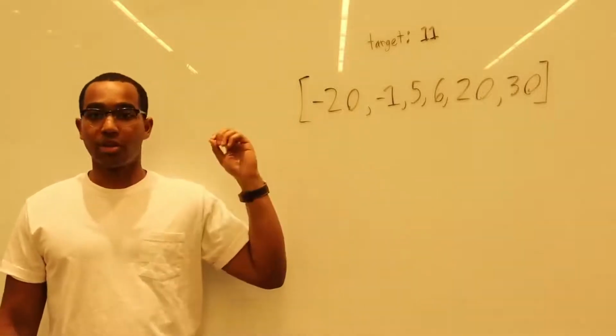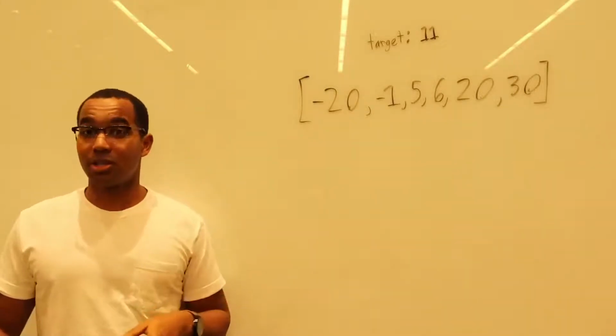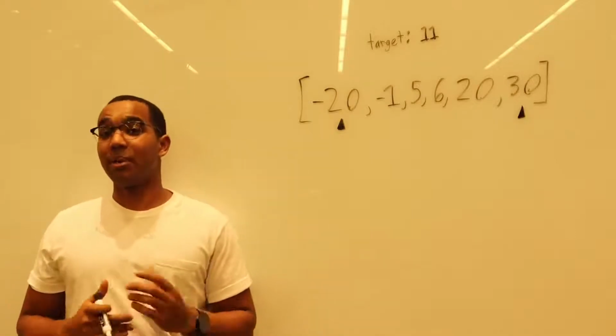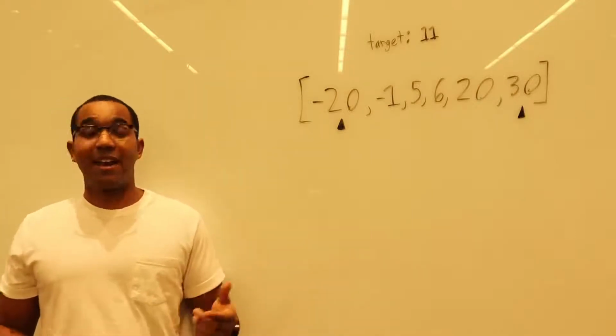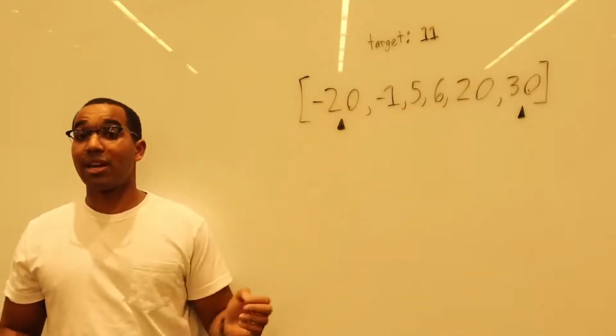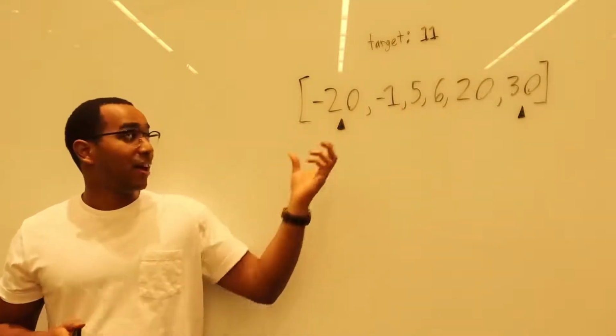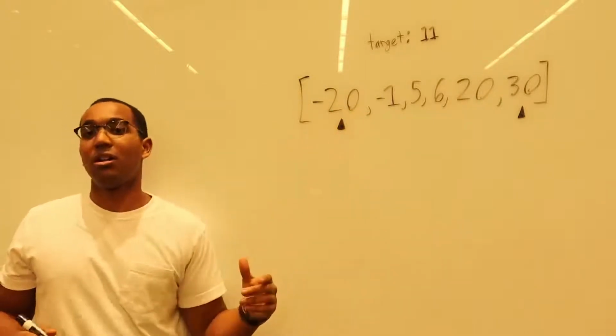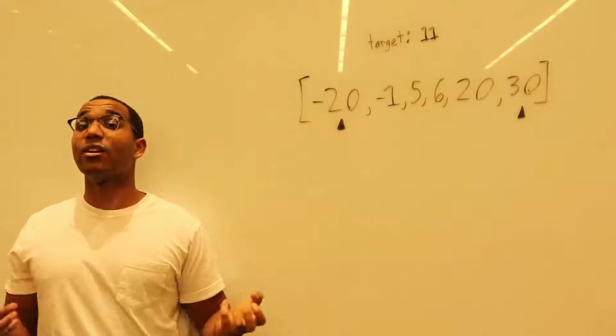This array is sorted, so imagine if we take the smallest item and we take the largest item. Now I have the ability to trust that if I move that pointer inward, I'm going to get smaller values. If I move the left pointer this way, inward as well, I'm going to get greater values.